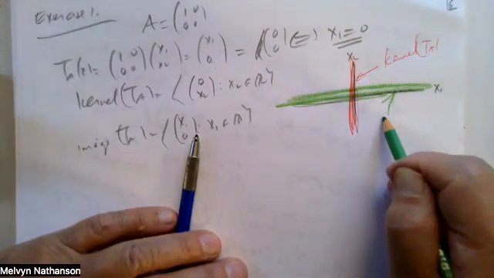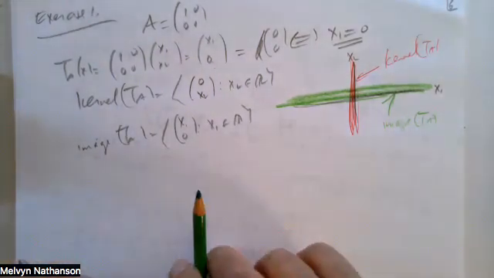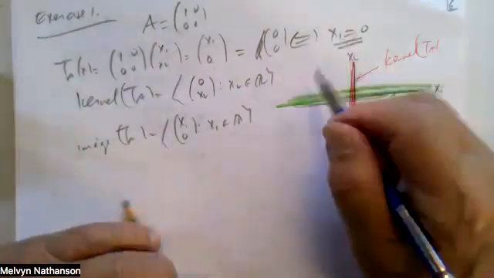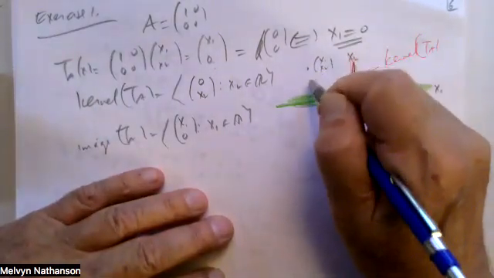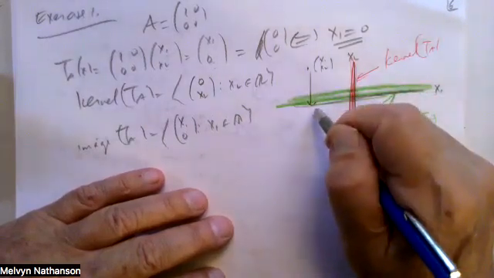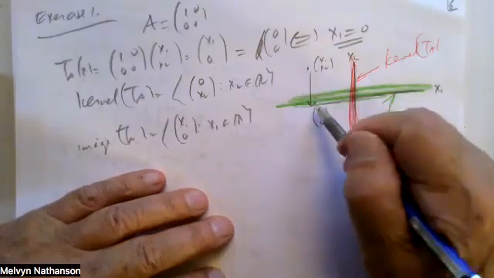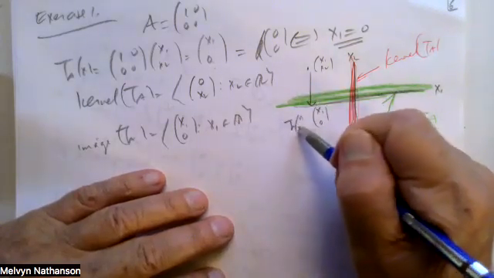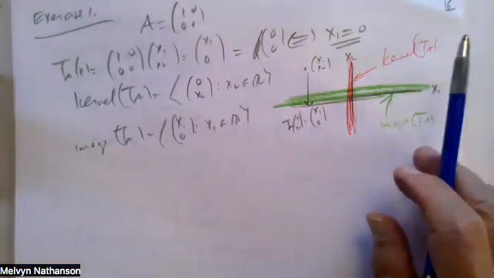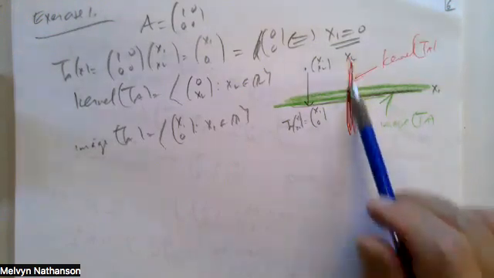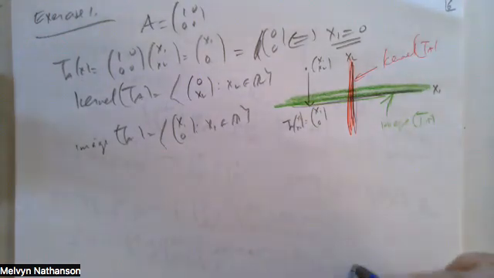That is the image of T sub A. In fact, what this linear transformation does is take the vector x1, x2 and project it onto the x-axis. This goes to x1, 0. So this is T sub A of x1, x2. For this very simple matrix, the kernel is the vertical axis and the image is the horizontal axis.